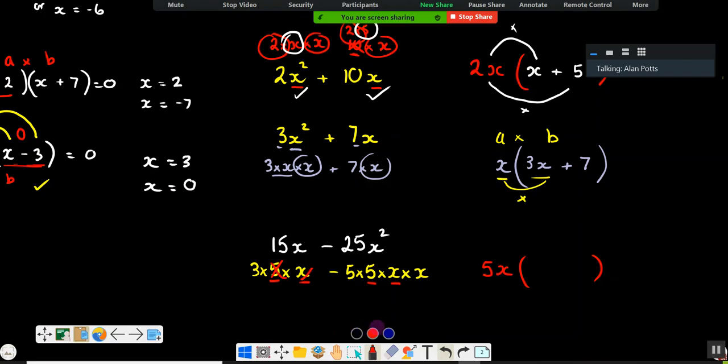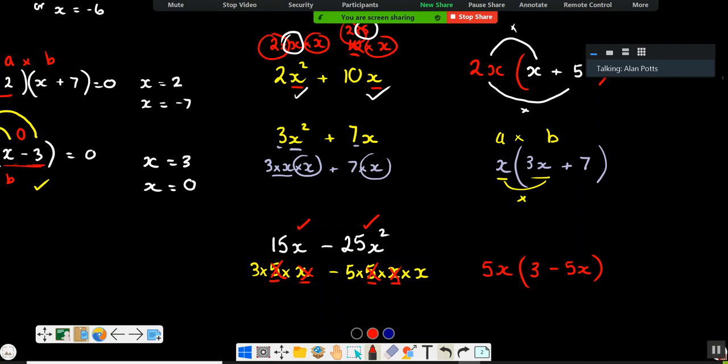If I cross them out, what's left inside the brackets is what's left. So 3 minus 5x. Okay? So then I should just mentally check. 5x times 3 is 15x. 5x multiplied by 5x is 25x squared. So I'm good. Okay?